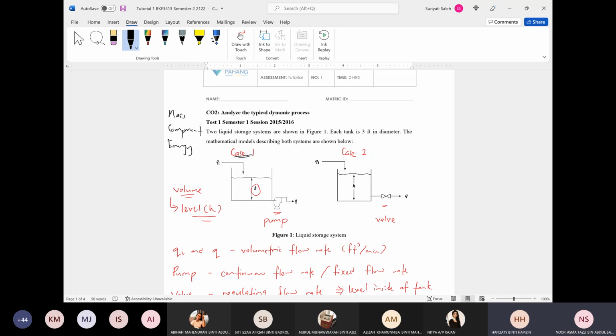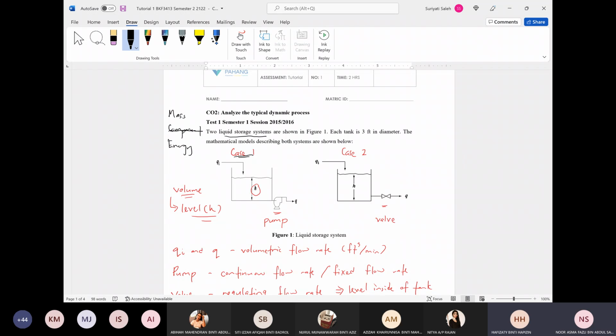We need to put it into perspective. The unit operation involved is the liquid storage system. Normally the function of the storage system is to store the liquid. It's just storage, so normally the component balance is not needed.